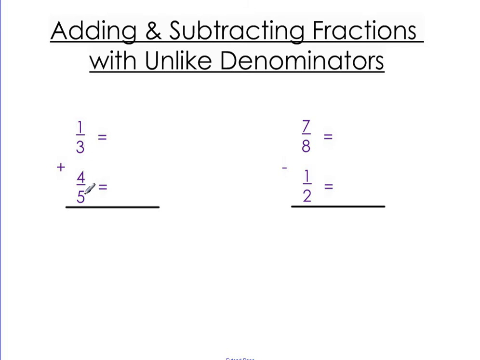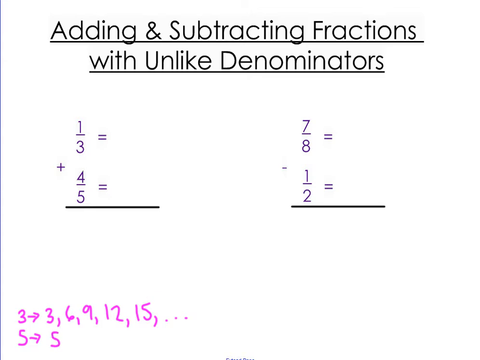So in this first problem, we have 3 and 5 for our denominators. If you need to, off to the side or far away from the problem, go ahead and write out some of the first few multiples of each number until you come to the least common multiple that they both share.